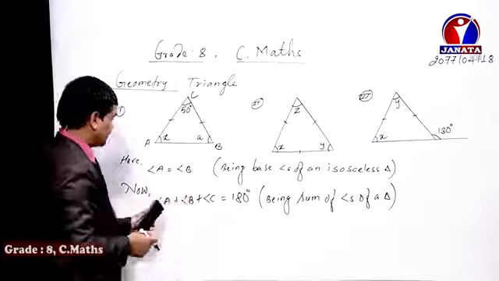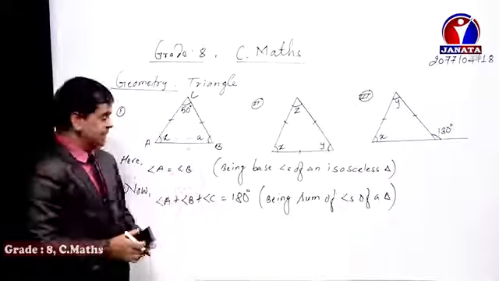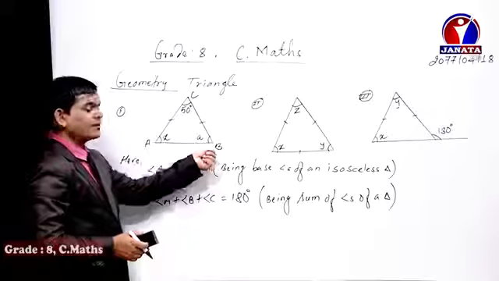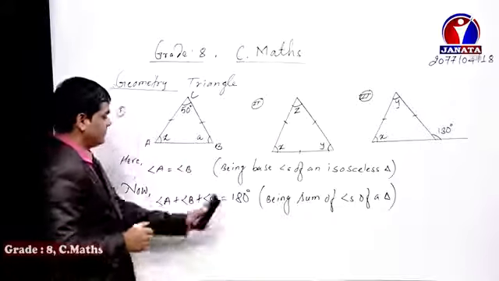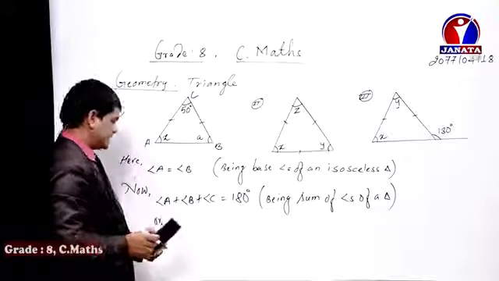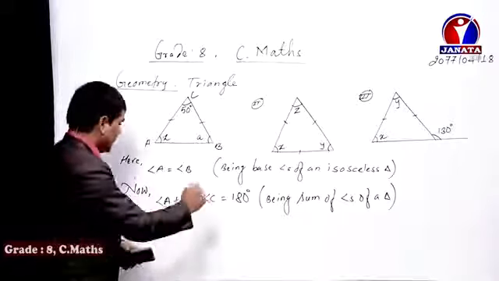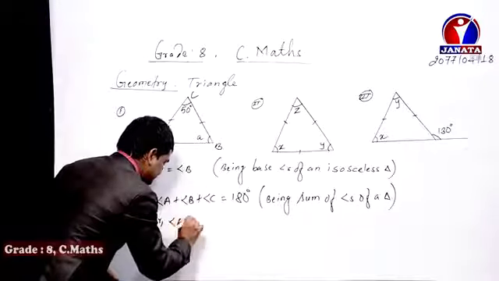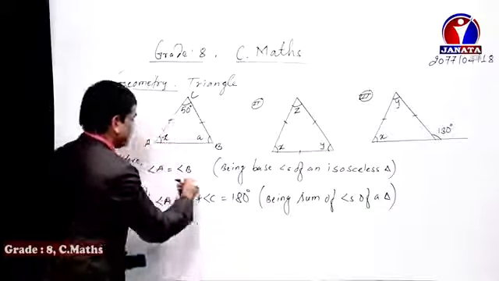Now what can you do, dear student? Angle C is given already as 50 degrees. Now our target is to find angle A and angle B. So in the second step we write "or" and a comma, because in the meanwhile there is the use of the equal sign. Angle A, let's find first angle A, and angle B and angle A are already equal.